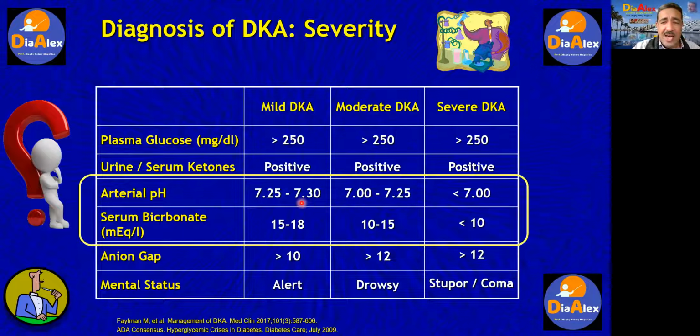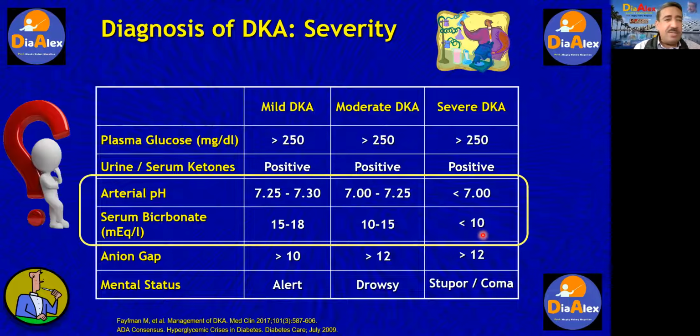In moderate DKA, the pH is ranging from 7 to 7.2, and the bicarb in the range from 10 to 15. Severe DKA means the pH is less than 7 and the bicarb is less than 10.